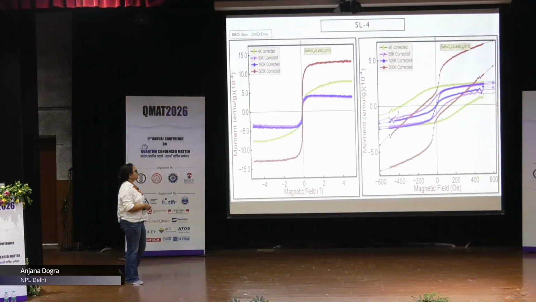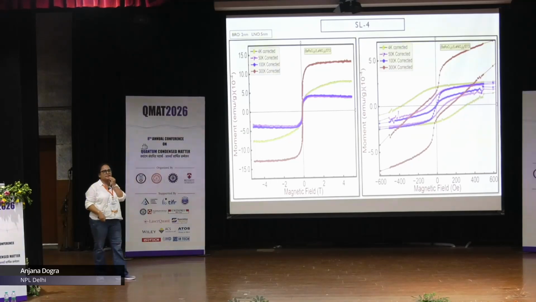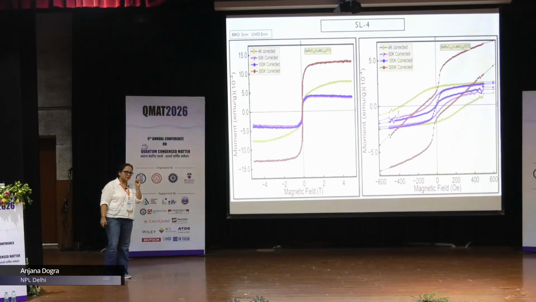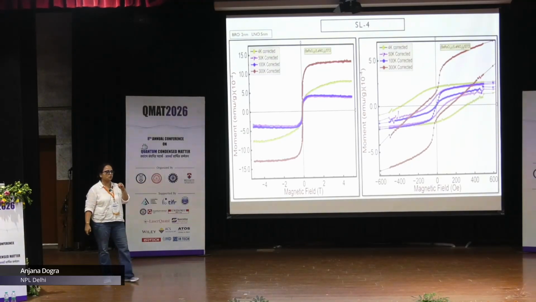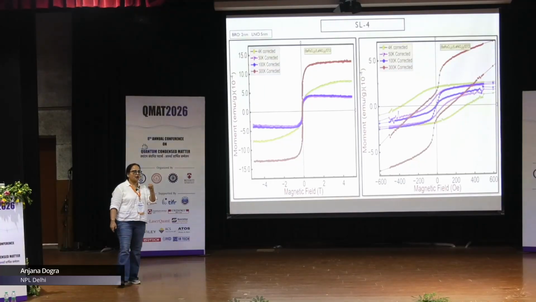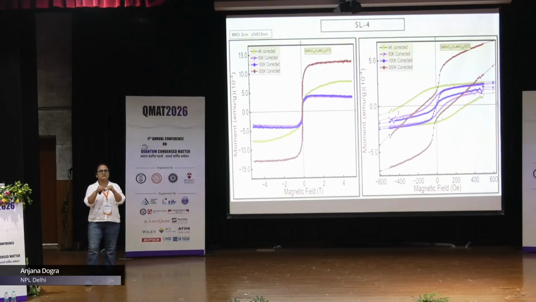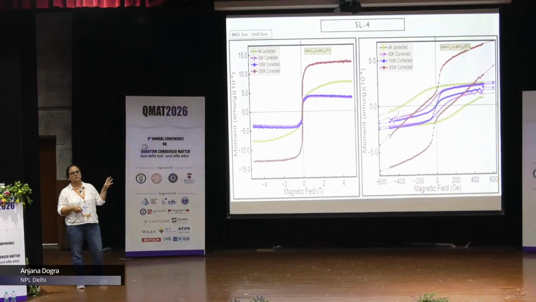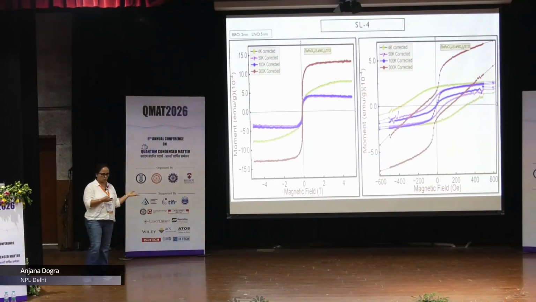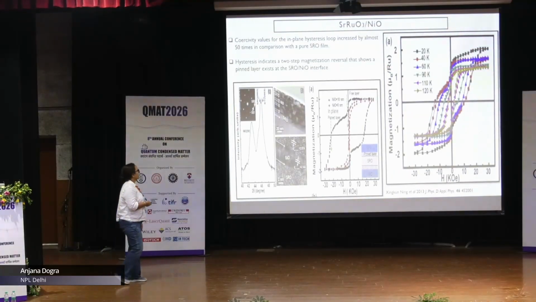So there is a possibility that we are able to induce ferromagnetism, and there are ferromagnetic domains. However, there are certain signatures of diamagnetic entities as well, so maybe because of those entities we are getting such signatures in our hysteresis loops.